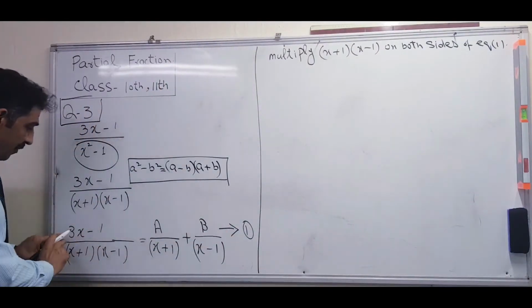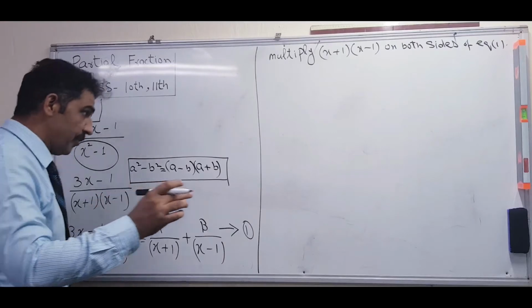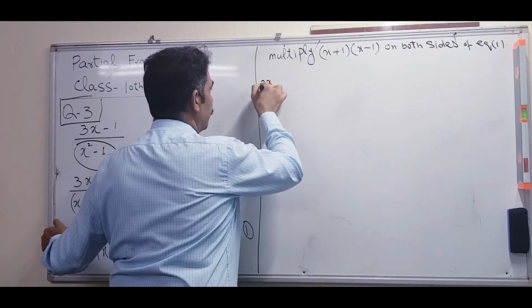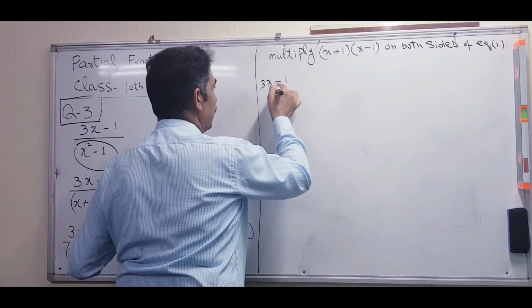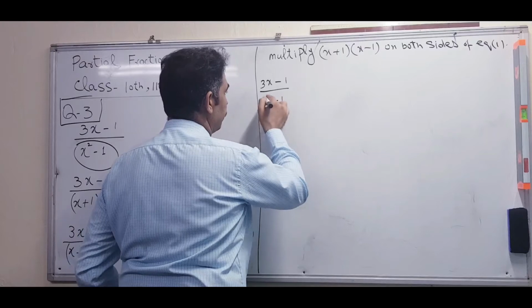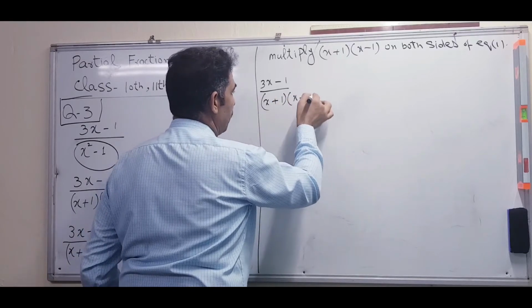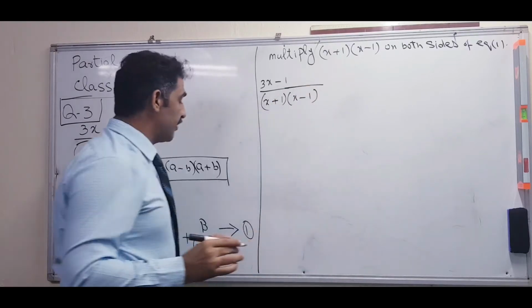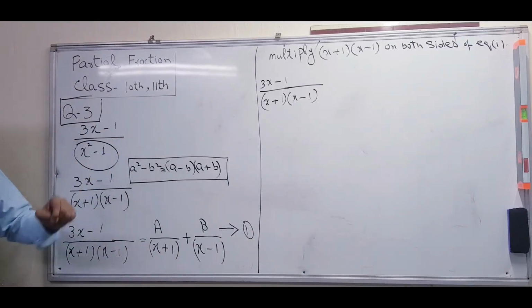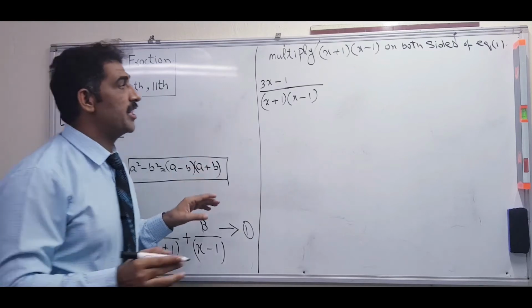When you multiply, I am writing all the steps so that it will be clear. So 3x minus 1 over x plus 1 into x minus 1, the same terms which I have written before, multiplied by x plus 1 into x minus 1.